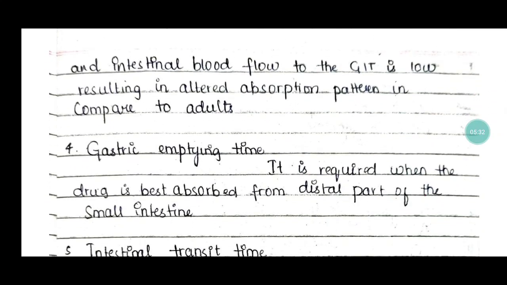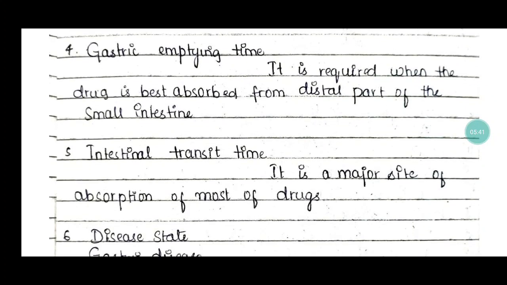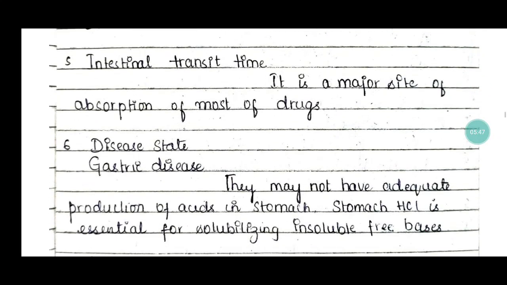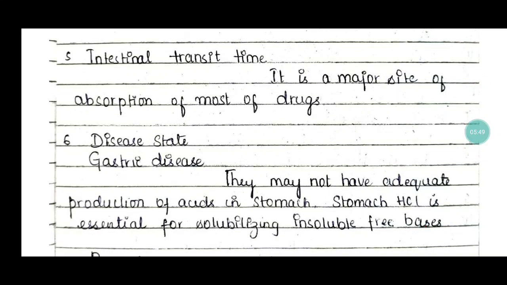So number 4, gastric emptying time. It is required when the drug is best absorbed from the distal part of the small intestine. And number 5, intestinal transit time. The small intestine is a major site for absorption of most drugs. Number 6, disease state, where in gastric disease, patients may not have adequate production of acid in the stomach.